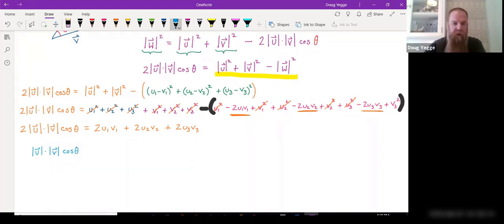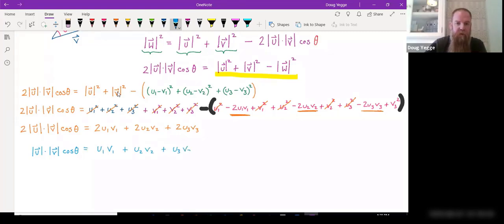I know it's still early in the semester, but it's important for you to recognize that every time you write a vector, you need to get in the habit of writing that arrow up above it. Notice that I didn't put the arrows here because those are just scalars. Those are the components of the vector, while this is the vector itself. All right, so I divide 2 on both sides, and now I'm left with u1 v1 plus u2 v2 plus u3 v3.